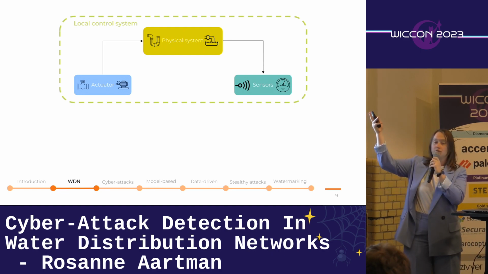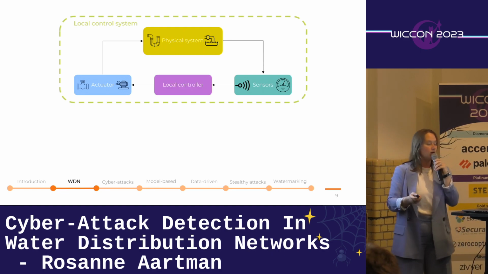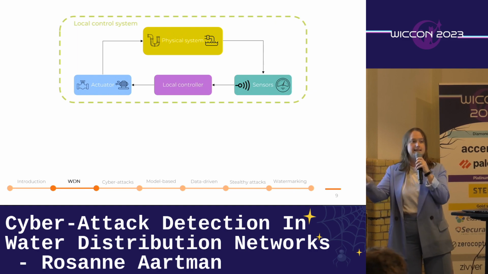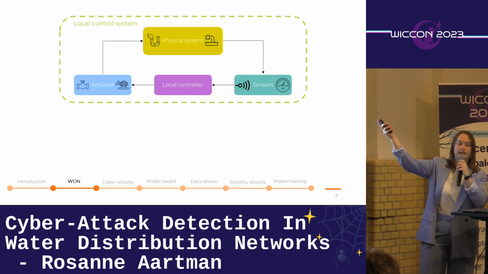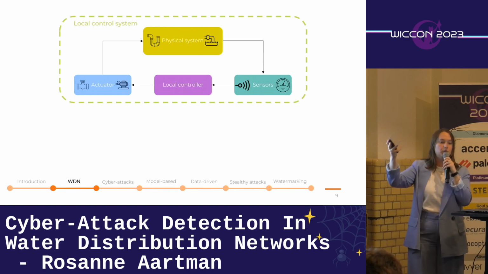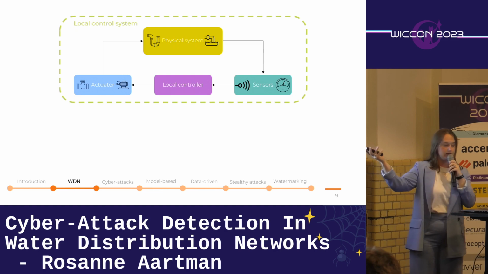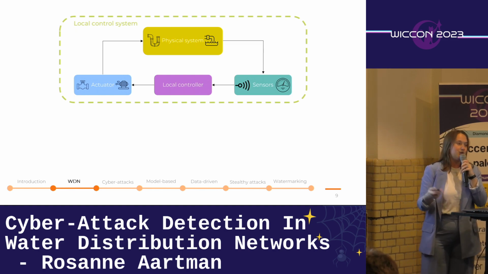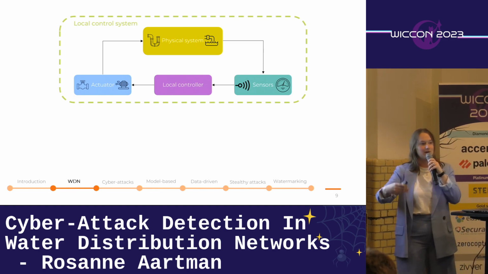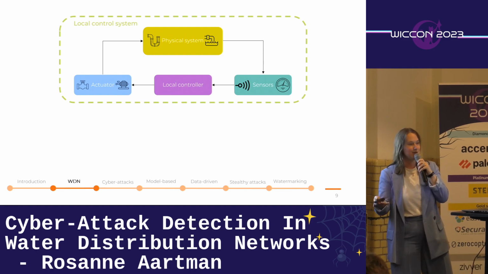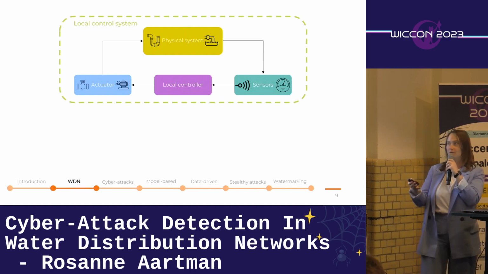Now, within the local control system, there is also a local controller. In this case, making sure that if the level of the water in the reservoir gets too low, the pumps will shut off, because we do not want our pump to be pumping air, because it's not made to pump air. It's made to pump fluid.